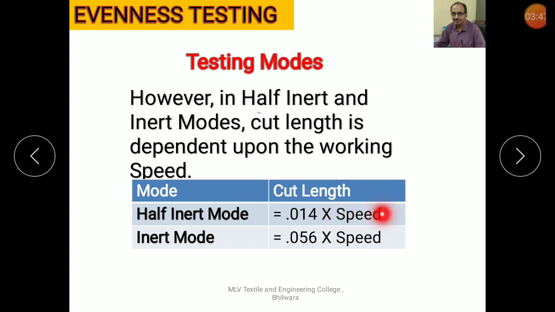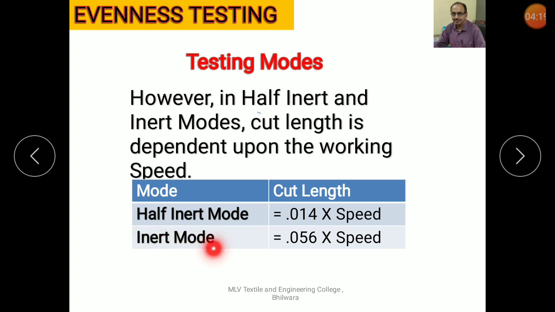If you change the speed, other parameters being the same, and you are working in half inert mode, then the cut length will be equal to 0.014 times the speed. Suppose you are running the material at 100 meters per minute, in half inert mode the cut length will be equal to 1.4 meters.